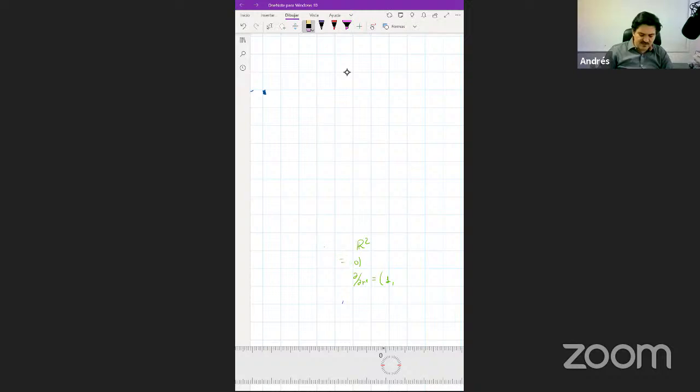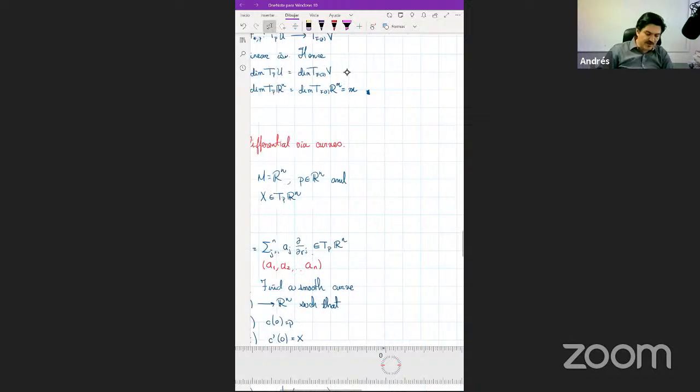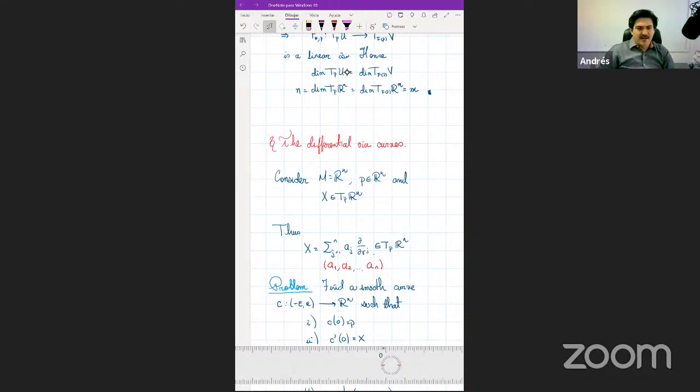So I want to do the same problem, but in a more general setup, but the same way of thinking will resolve this. I want this to be the derivative at 0, right?